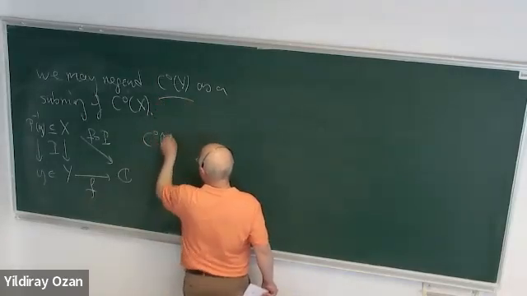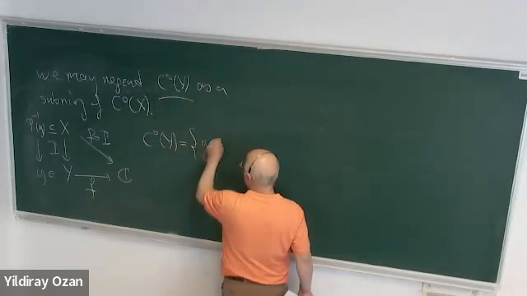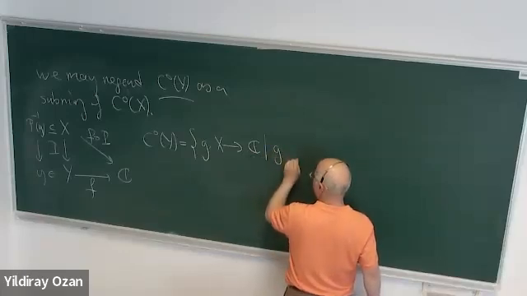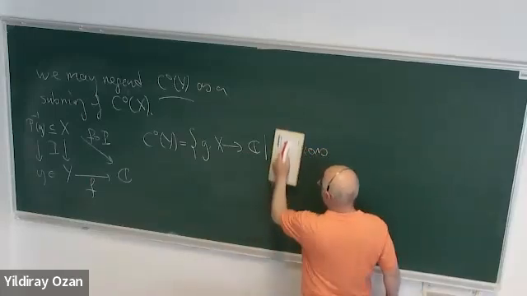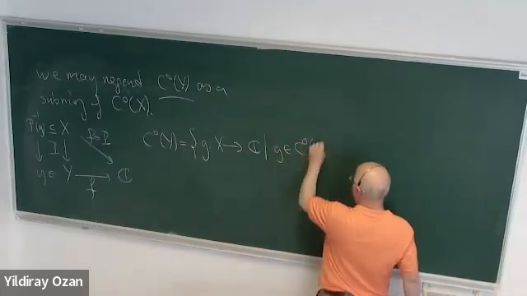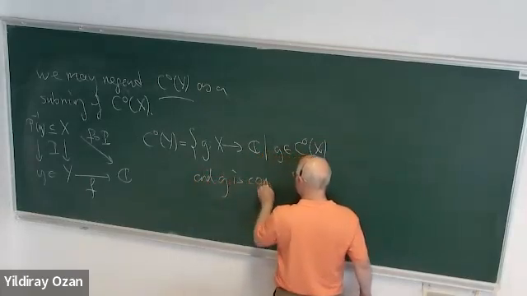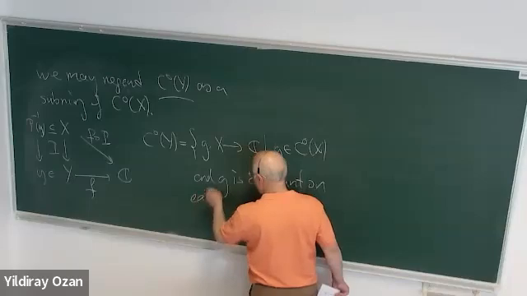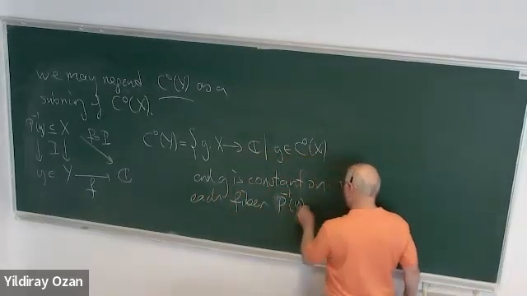C0 Y can be identified with the set of functions g in C0 X so that g is constant on each fiber p inverse of y.